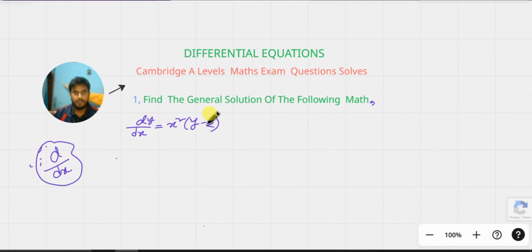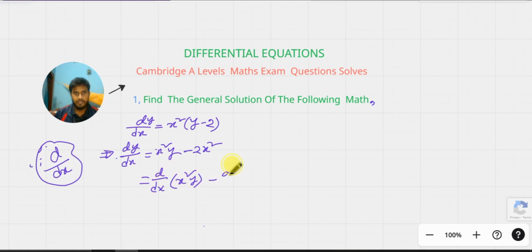The next question is x square into y minus 2. If we simplify this question, we will get dy/dx equal to x square y minus 2x square. Okay, now we will apply our differential operator here. So we will get d/dx of x square y minus d/dx of 2x squared.